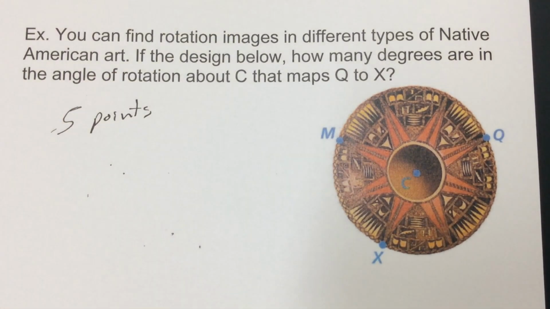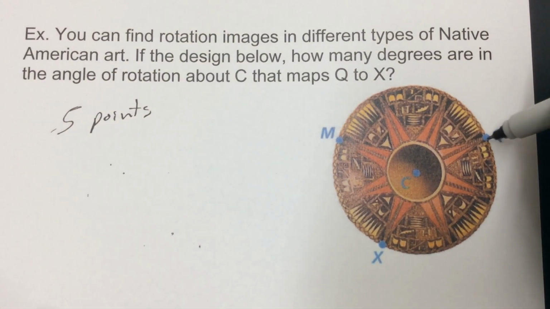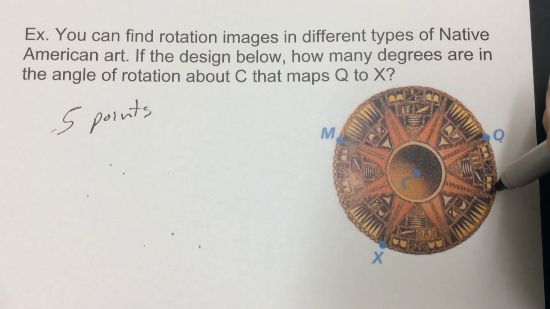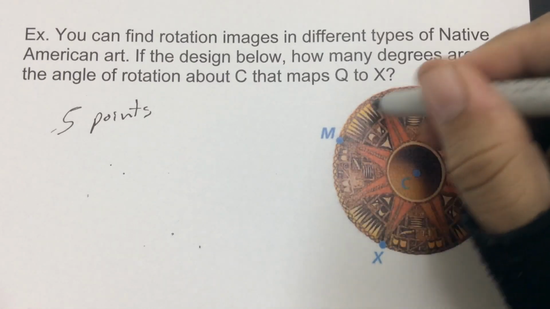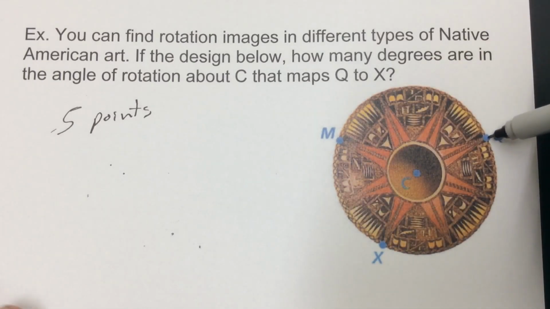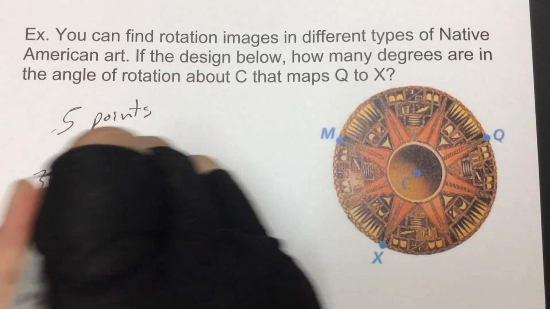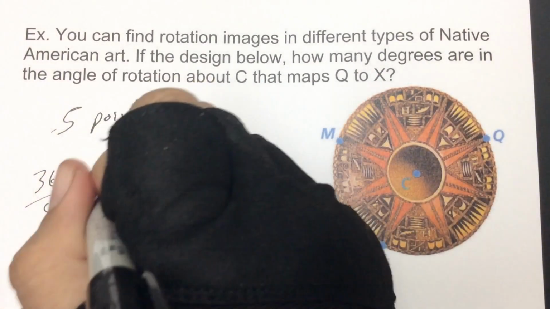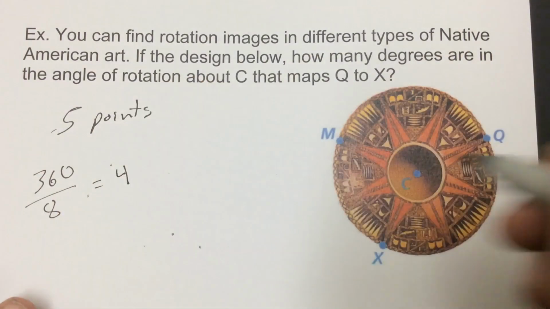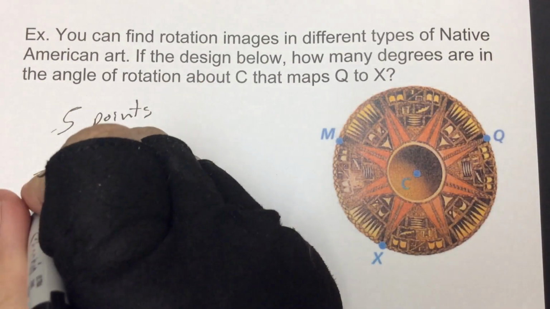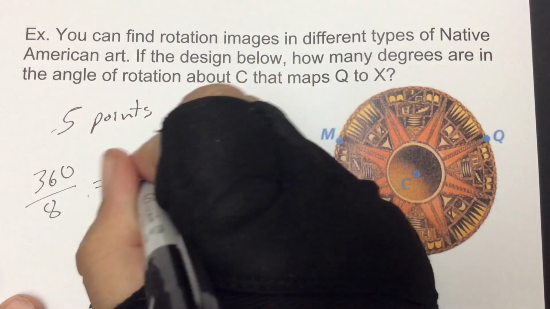Well, the next question would be, how much is each point? If we start here at Q and go all the way around, we'd be at 1, 2, 3, 4, 5, 6, 7, 8 different points. So again, if we take 360 divided by 8, 8 goes into 360 forty-five times.